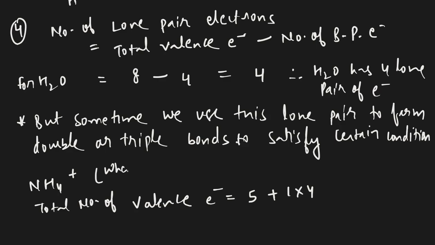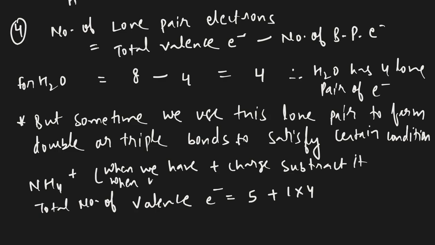When we have a positive charge, subtract it. When we have a negative charge, add it to the total valence electron.